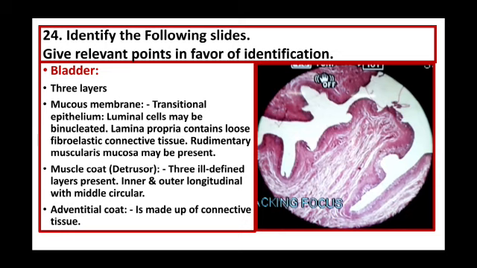Lamina propria contains loose fibroelastic connective tissue, and rudimentary muscularis mucosa may be present. The muscle coat is called the detrusor muscle. There are three layers: inner and outer longitudinal layer and middle circular layer. The adventitia is made up of connective tissue.